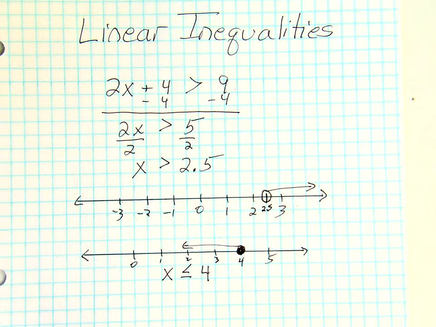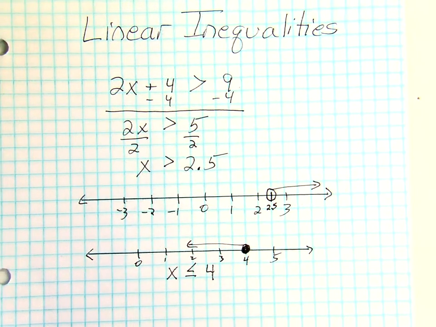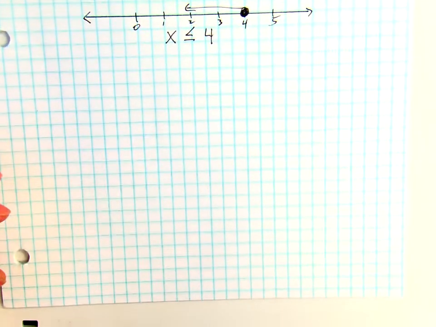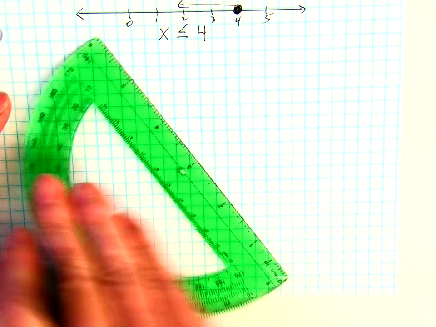Today we're going to be talking about linear inequalities. So once again, we are going to our two variables, but we're going to use the same kind of principle when we are graphing these linear inequalities.